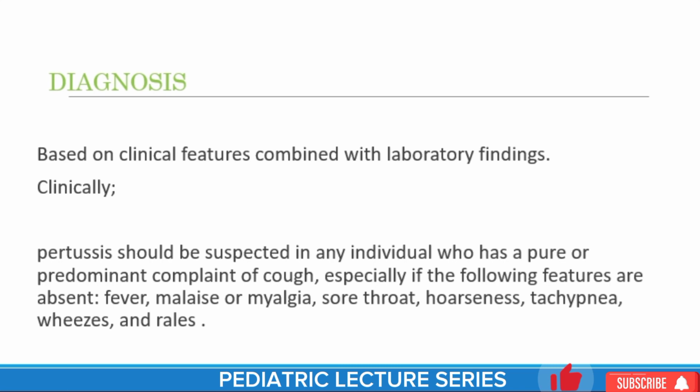They don't have fever, malaise, sore throat, hoarseness, tachypnea, wheeze, or rales, because these features tend to be associated with pneumonia, for example. So they are not there, but someone is complaining of a cough.